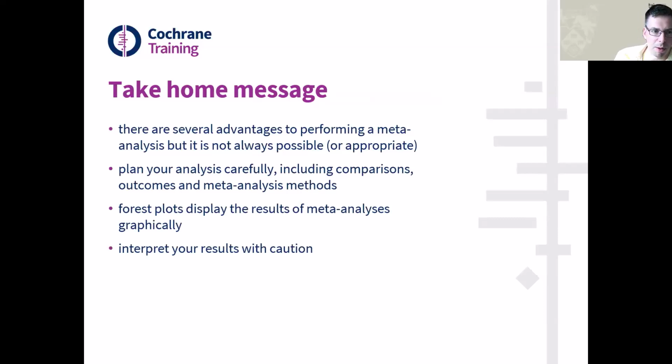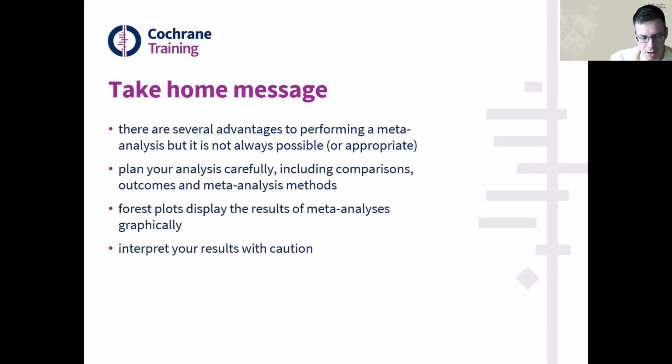To sum up, meta-analysis is the most commonly used way to summarize data from systematic reviews. It's not always possible, and it's not always appropriate, though. You have to think carefully about what the data that's going to go in it is, what the outcomes and comparisons are, and what methods you're going to use, so it has to be thought through carefully.